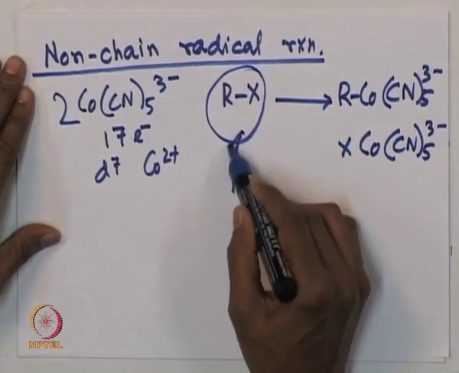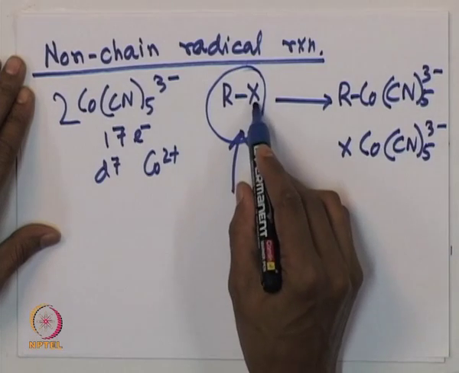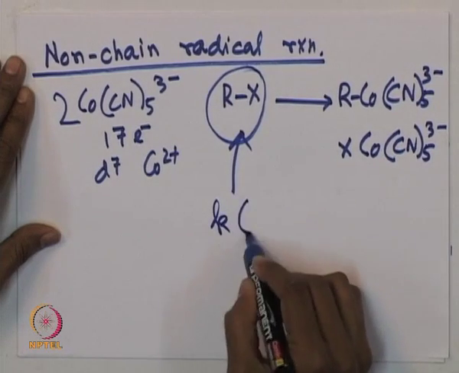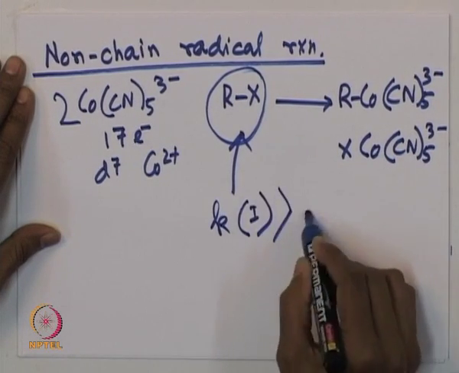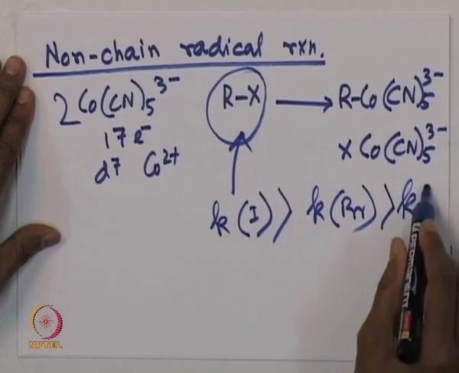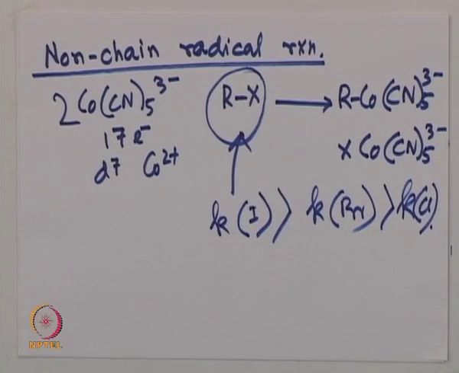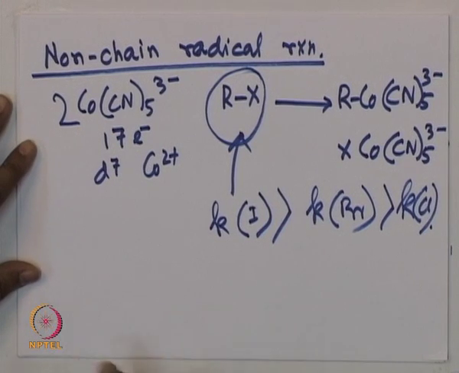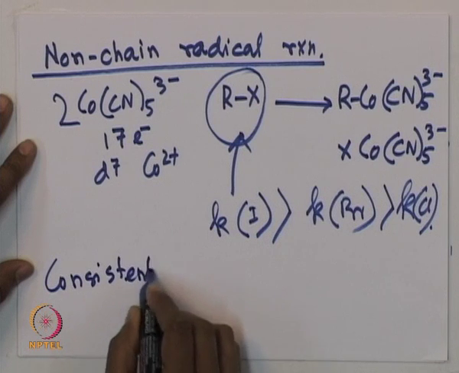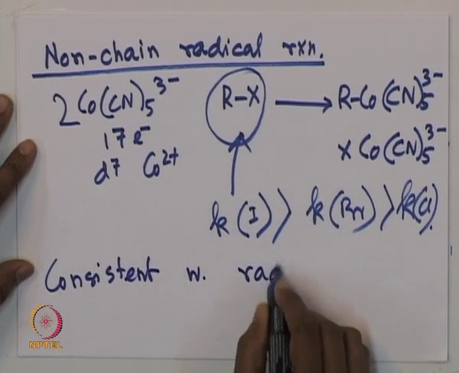If you vary the RX, like iodide, bromide, chloride, the rate constant for the iodide will be faster than bromide, then chloride and so on. Again, this further proves that it is a radical mechanism, and it is consistent with radical abstraction.